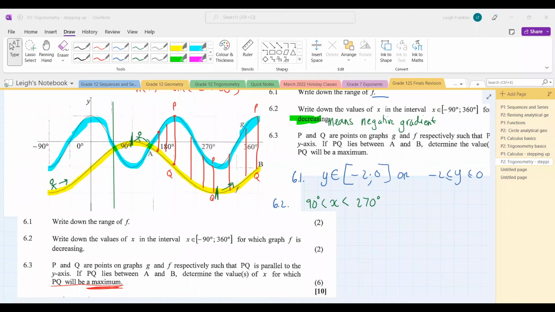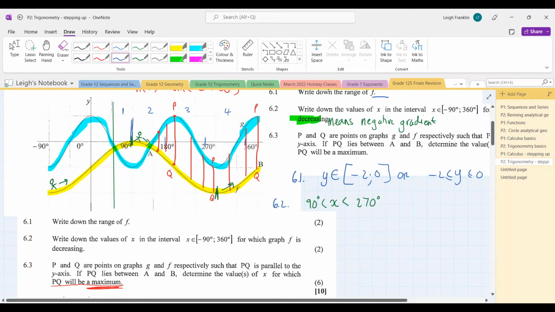One and four, okay. When we get to 90, we're in quadrant 1. Between 90 and 180, we're in quadrant 2. Between 180 and 270, quadrant 3. And between 270 and 360, quadrant 4. So we're either in quadrant 2, quadrant 3 or quadrant 4.